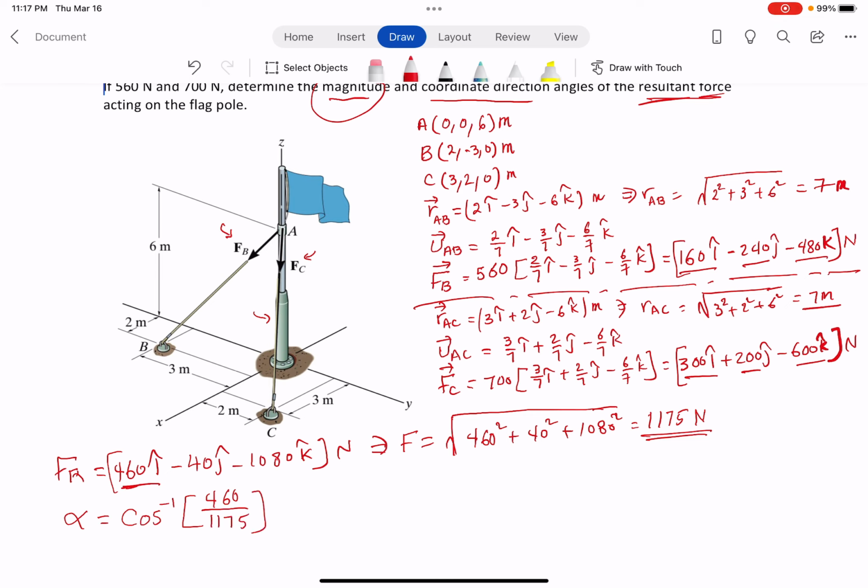If you do cosine inverse, make sure that the calculator is in degrees, not in radians. This would give you 66.9.